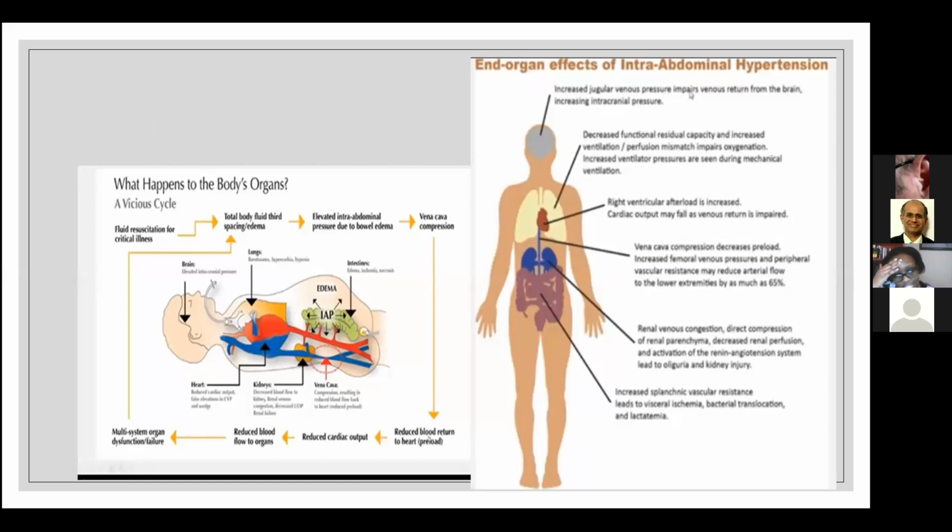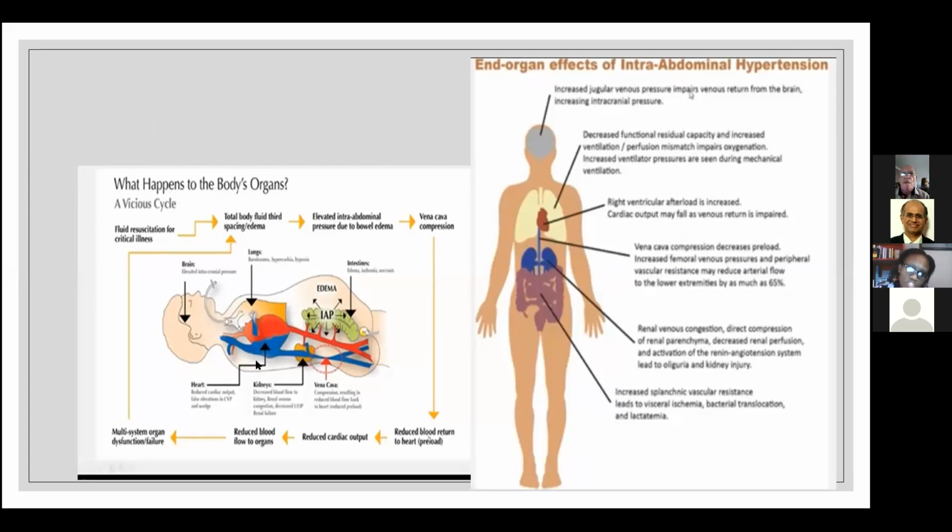As far as what happens to the body's organs, I think this is a good image which can show the vicious cycle that is described when it comes to abdominal compartment syndrome.